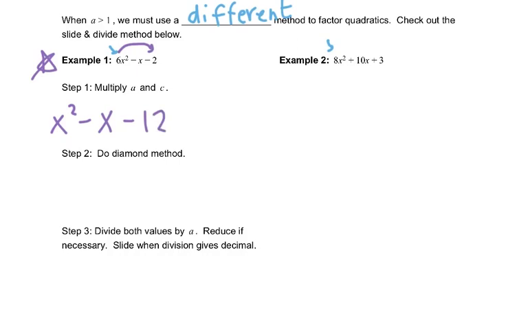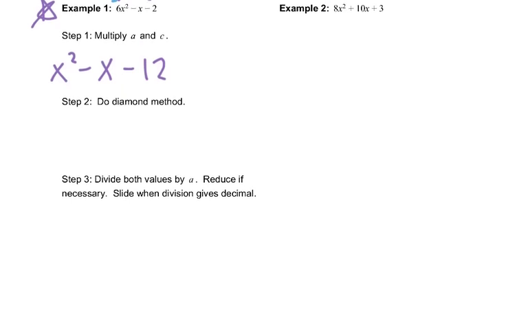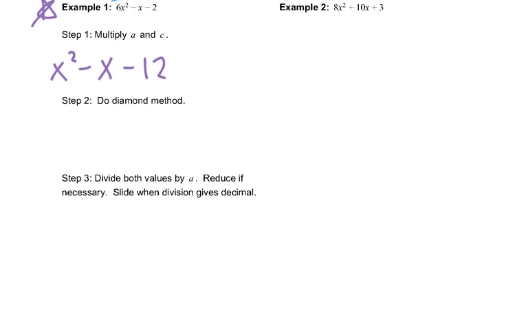That's our first step. Step 2 is we're going to do the diamond method, okay? So draw our little x. Remember on top, we're going to put the c value, so negative 12. On the bottom, we're going to put our b value, which is right here. Remember, when there's no number in front, we're going to put a 1 there, so it's a negative 1, and that goes down here.